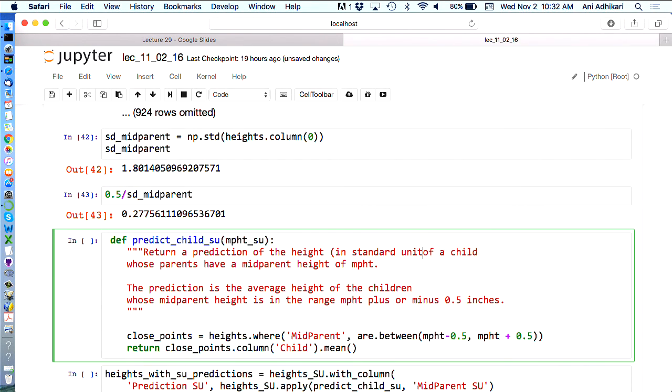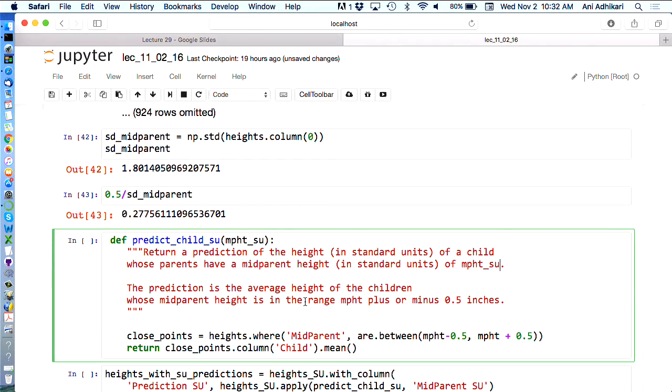Agreed? Whose parents have a mid-parent height in standard units of this new thing that I called mid-parent height SU. So far, so good?